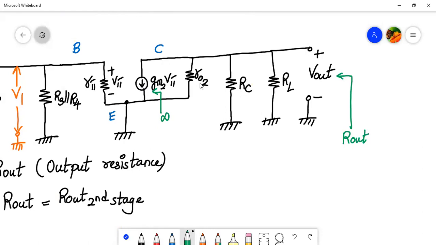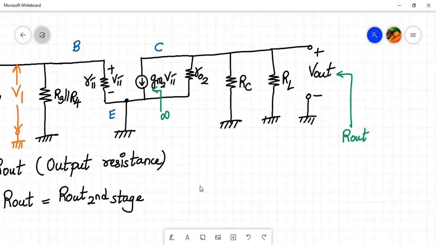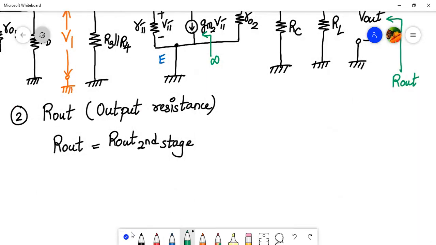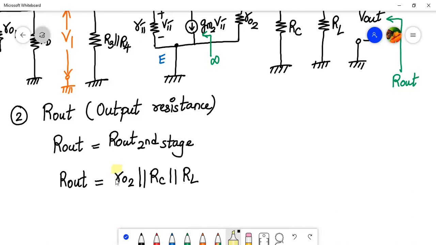We don't go forward. So R out will be equal to RO2 parallel to RC parallel to RL. So this is my R out, output resistance of this given cascaded amplifier, common source, common emitter amplifier.